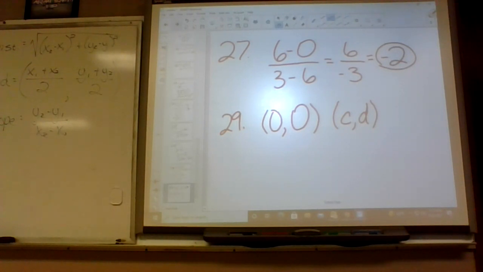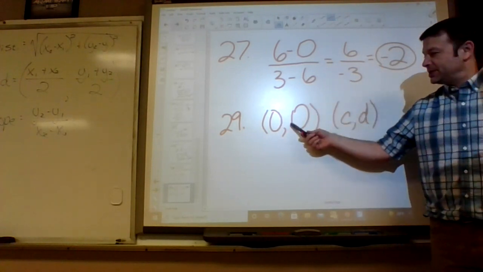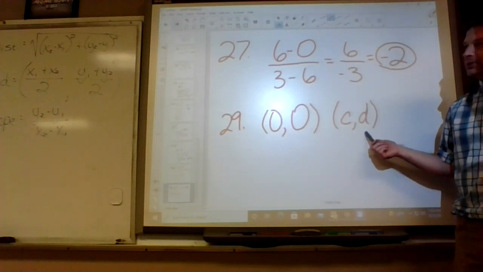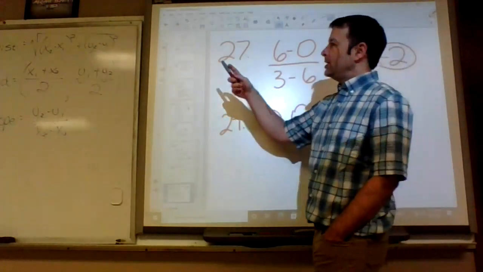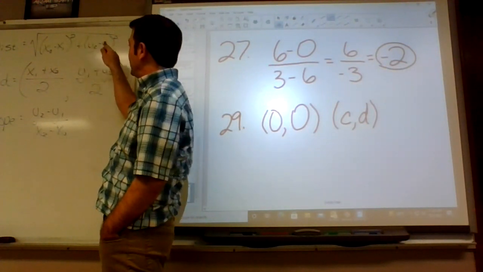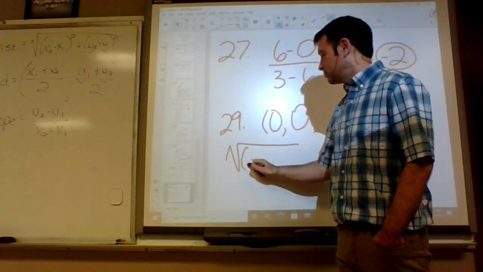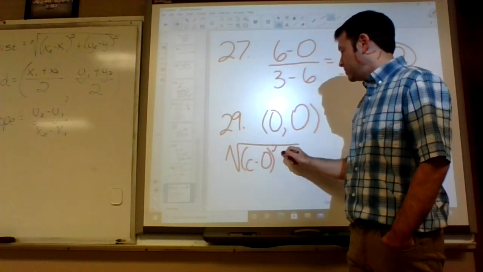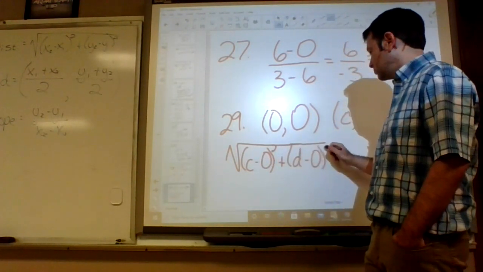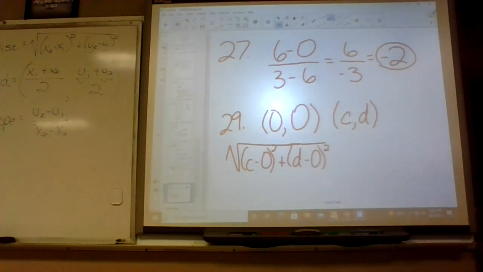Alright, so we've got to use all of them. We got to do the distance between these two, the midpoint, and the slope. So I'm just going to plug these in. C and D, I'll do C minus 0 for the x's and D minus 0 for the y's. But where's C and D? We don't know. It's a mystery. So we're not going to be able to solve it completely, we just got to simplify it.